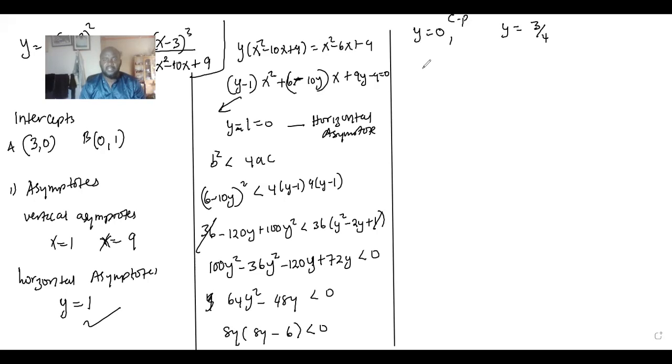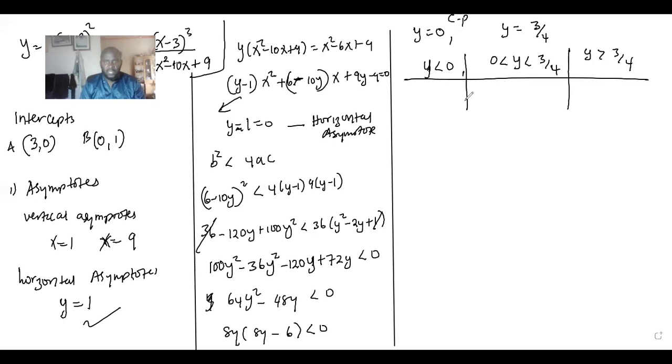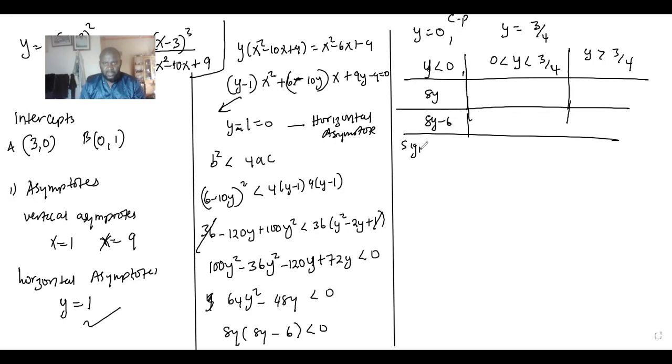So investigate y less than 0, 0 less than y less than 3 over 4, and y beyond 3 over 4. When you check them out, you will have 8y and 8y minus 6, and the sign of the function in terms of y.